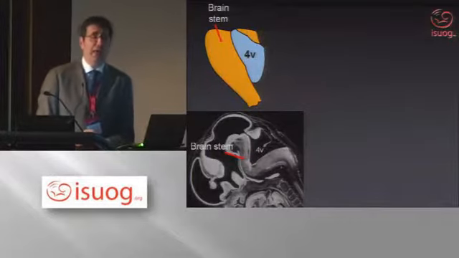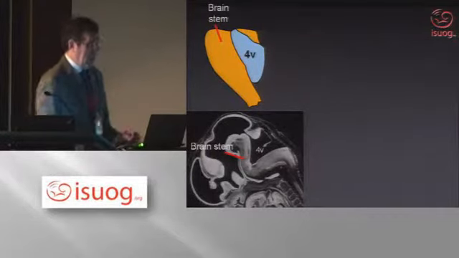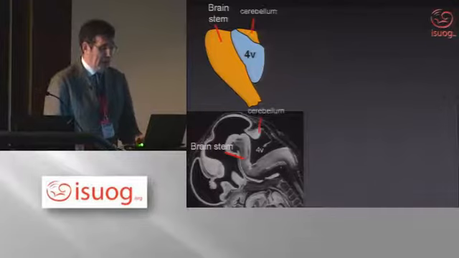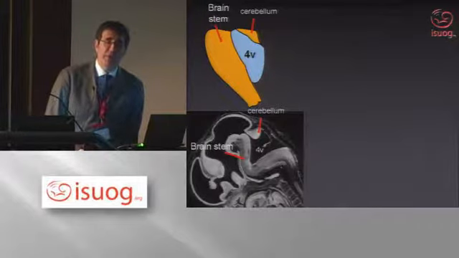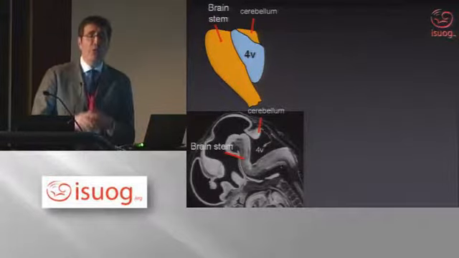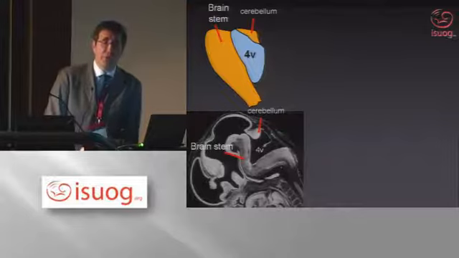This is an embryologic specimen, and you can see quite well the cerebellum, which is that small solid mass just on top of the fourth ventricle. And you can see how huge is the fourth ventricle below.